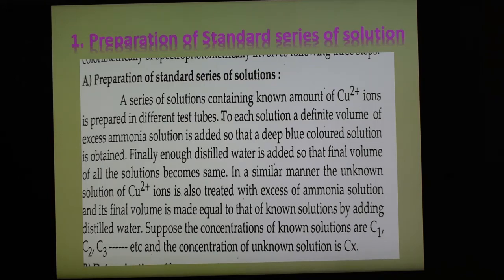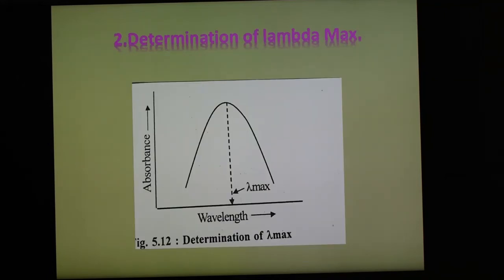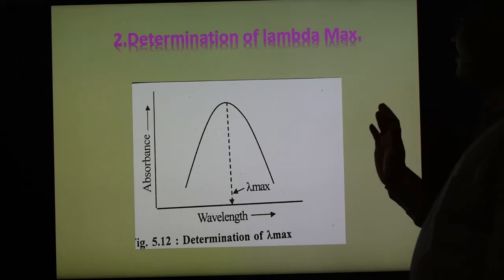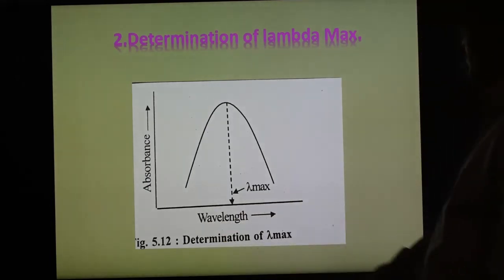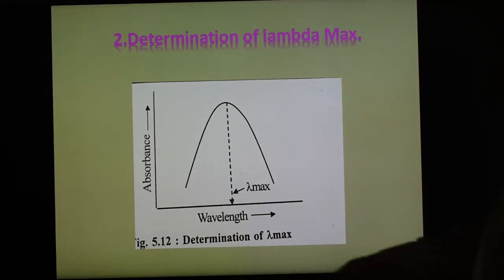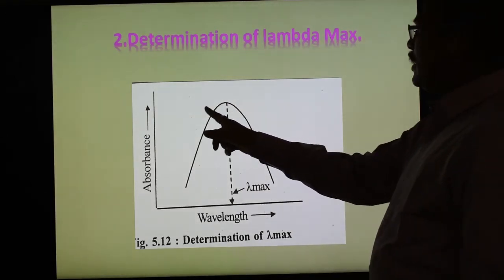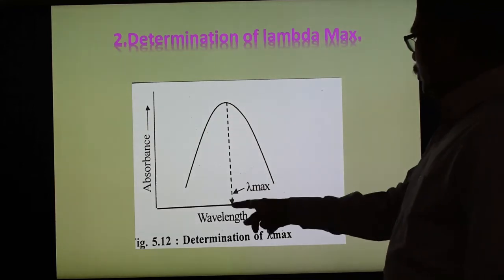After making the standard series of solutions, the second part is the determination of lambda max. Taking any one solution out of the 10 systems, measure the absorbance of this solution at different wavelengths, and after that plot the graph between absorbance and wavelength. It is observed that the maximum absorbance is here, corresponding to this wavelength.